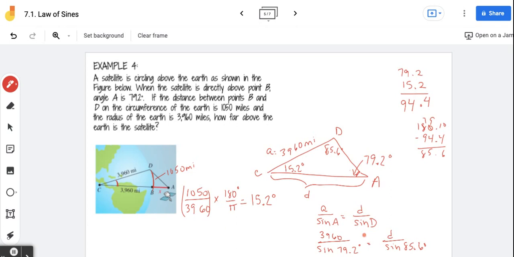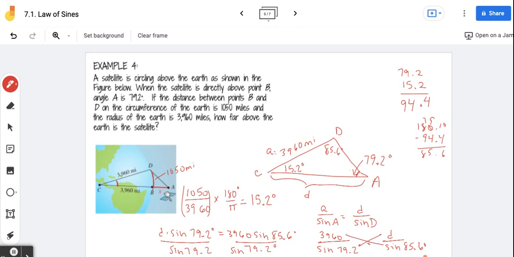I'm going to have d times the sine of 79.2 degrees is equal to 3,960 times the sine of 85.6 degrees. Then if I divide both sides by the sine of 79.2, we're ready to calculate.